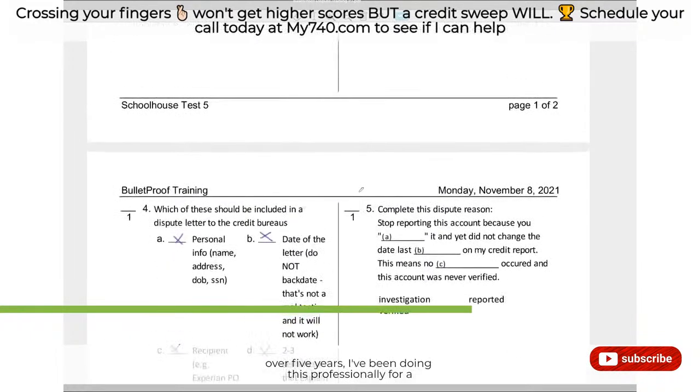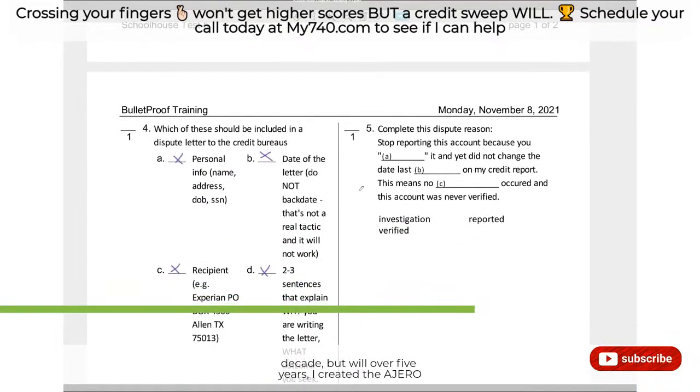I've been doing this professionally for a decade, but well over 5 years ago I created the Agero formula, which has allowed me year after year consistently, and increasing each year, to get results. In 2020 alone, I had over 20,000 deletions, okay? So there's a structure for a reason. Go and check out the Agero videos. I posted them in the link in the description of my video yesterday.